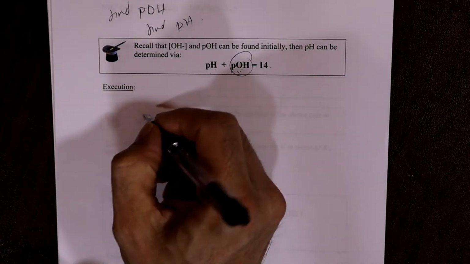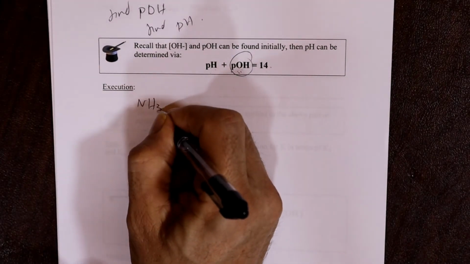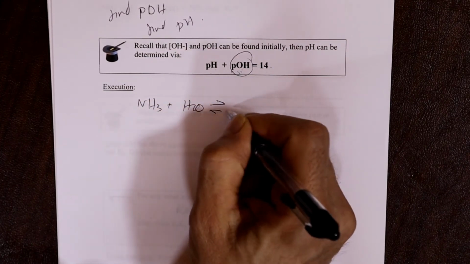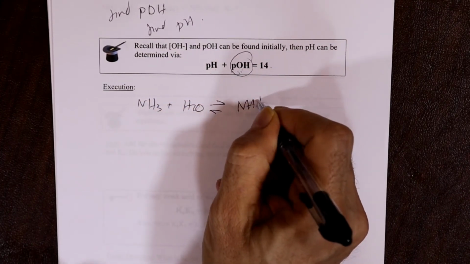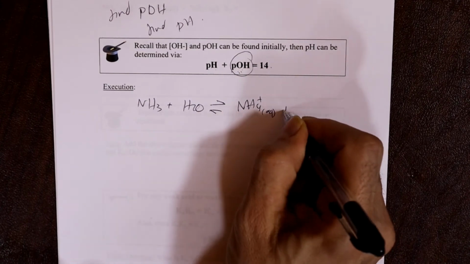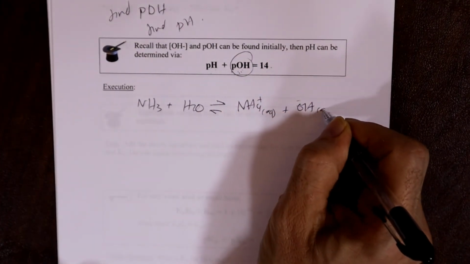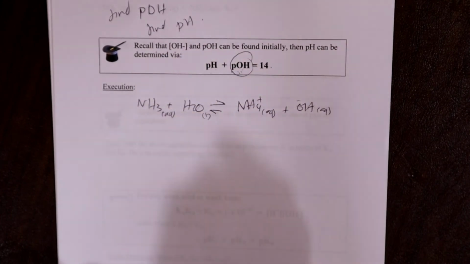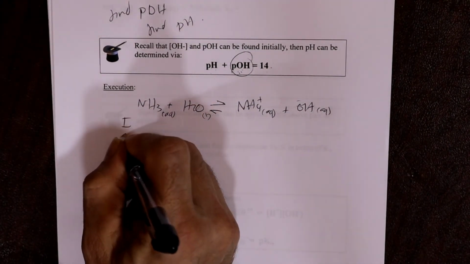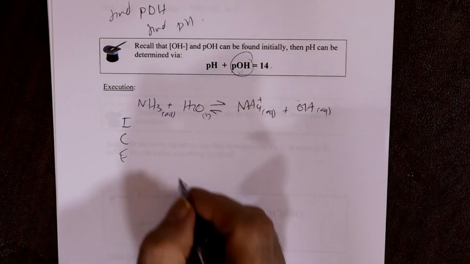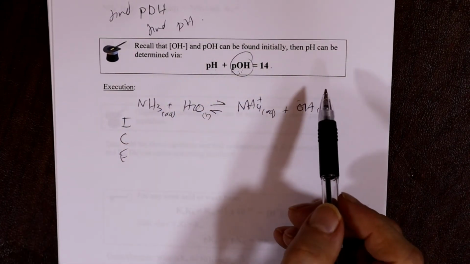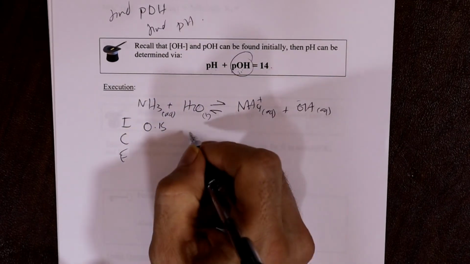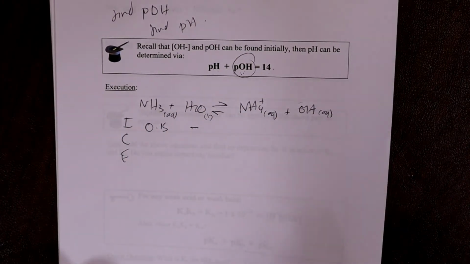Okay, so NH3, H2O, NH4 plus, OH minus. Okay. ICE. Did say at the top 0.15 moles per liter. The concentration of water is meaningless.